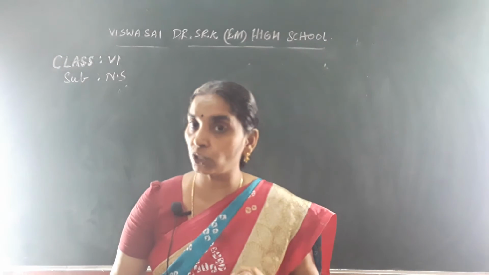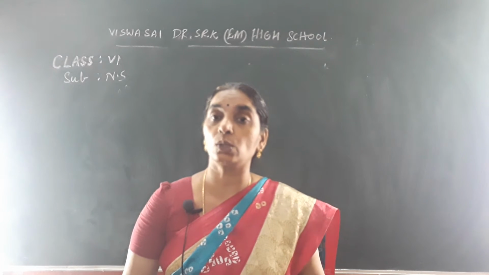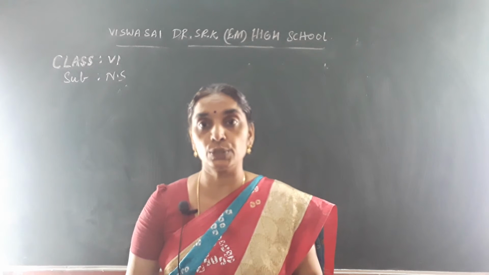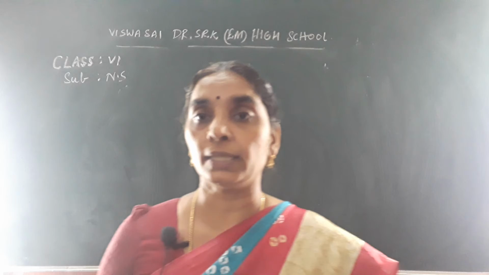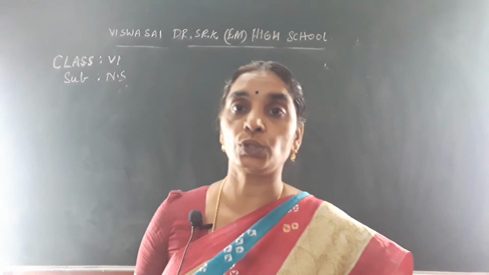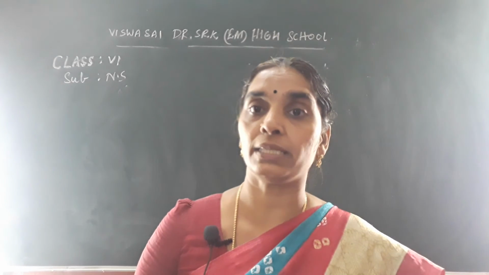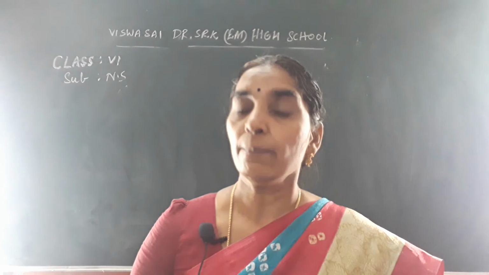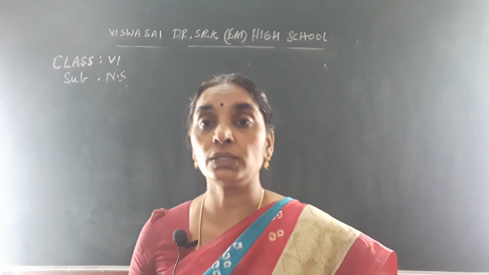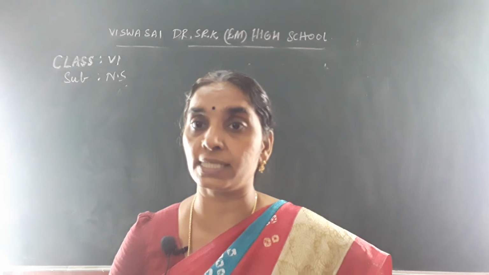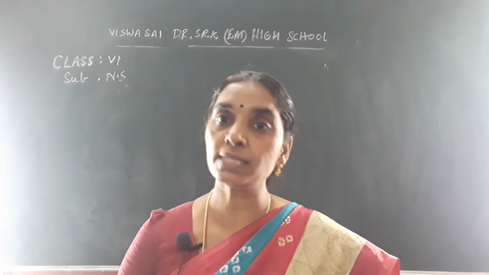In the case of sugarcane also, they are called stilt roots. Banyan trees have prop roots, stilt roots, maize and all. These are roots that appear and give additional support to the plant. So roots fix the plant firmly in the soil and give support to the plant. And also in some plants like mangroves which grow along the seashores or the river beds, they are helpful for the respiration purpose also.